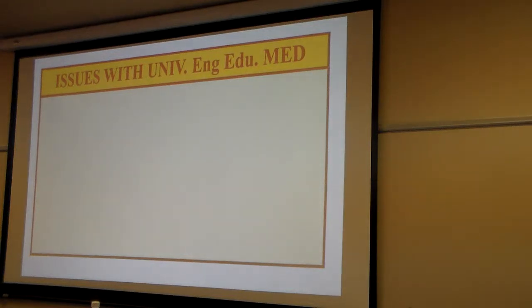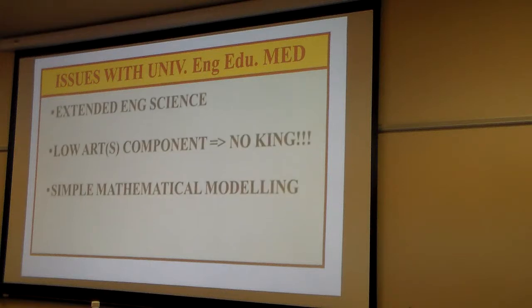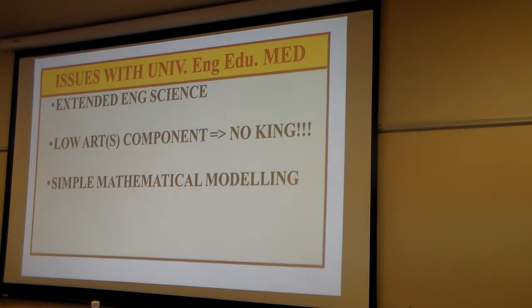So what are the issues that I find in engineering education at university? There are several. I have found that universities treat engineering design as simply an extension of engineering sciences, which it is not. Then, most importantly, the arts, the humanities are almost completely ignored.